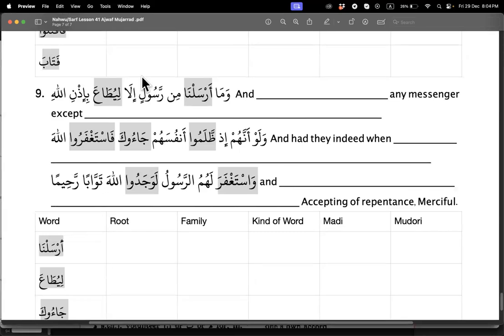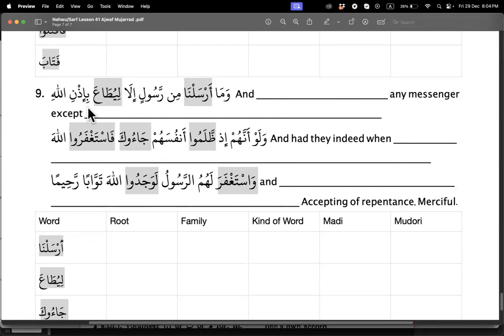Rasul only. You only have two isms: Rasul and nahnu. Huwa obviously cannot go back to nahnu. Huwa is huwa, nahnu is nahnu. So huwa is going back to Rasul. So we did not send any messenger except he is supposed to be obeyed, so that he is obeyed, basically. Because this is majhul.